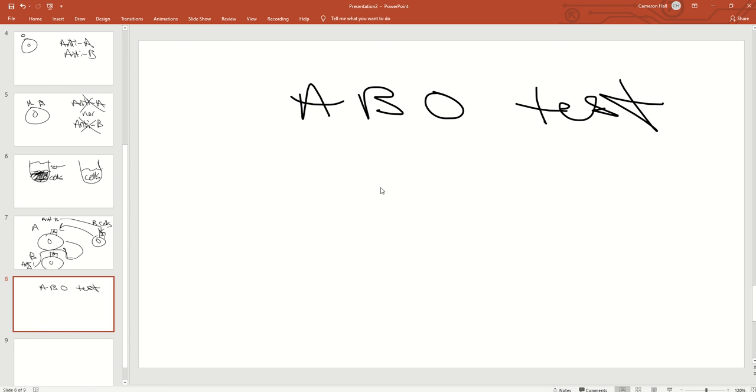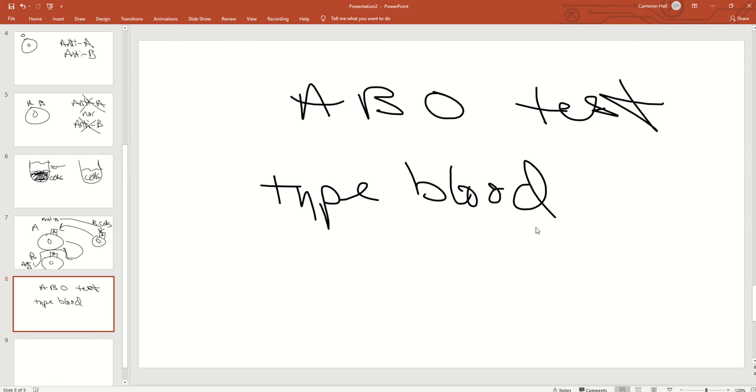When you do that, you have to type a person's blood. And so when you do that, you have reagents and whatnot of known things. You have known anti-sera, known reagent cells. But the question is, what's the patient's blood? That's what you don't know, right? That's what you've got to figure out.